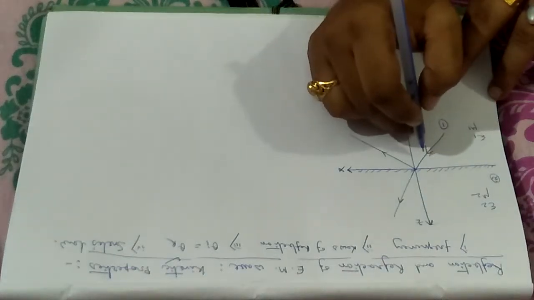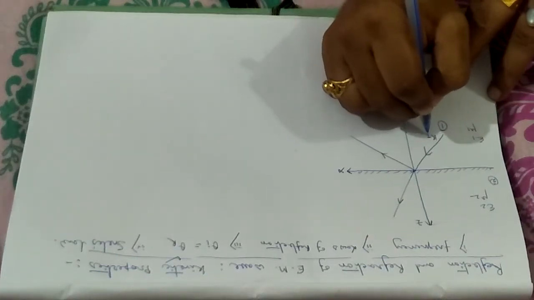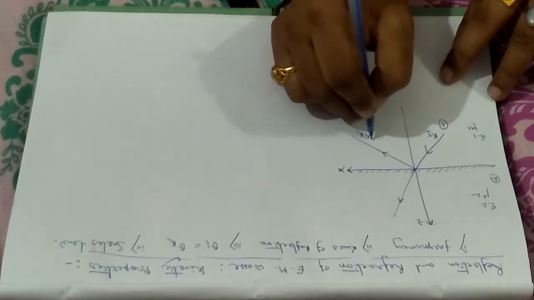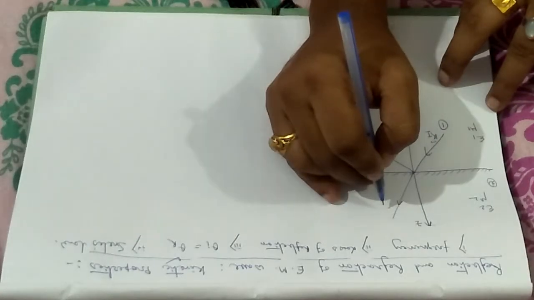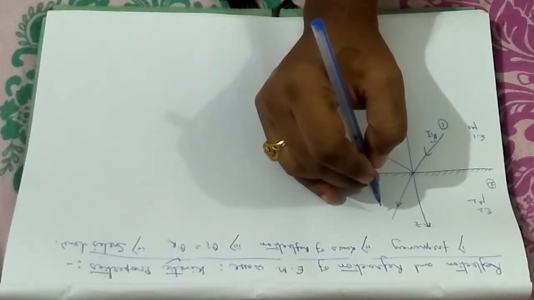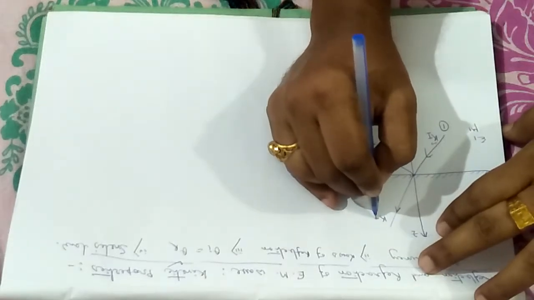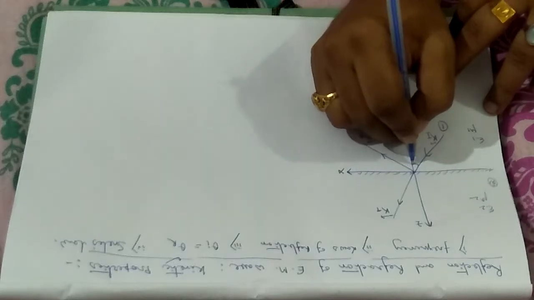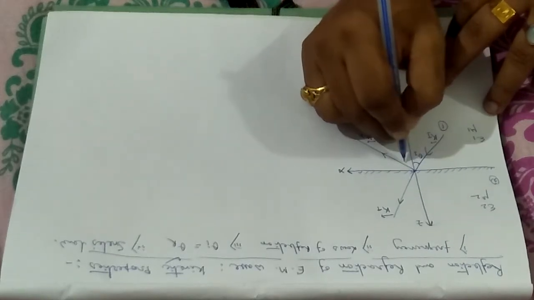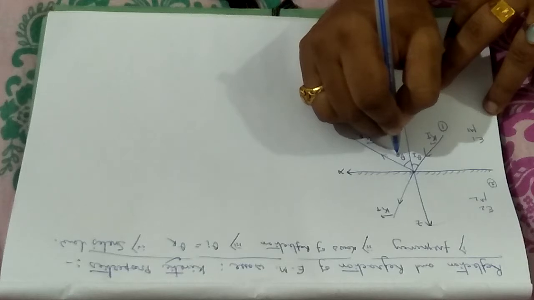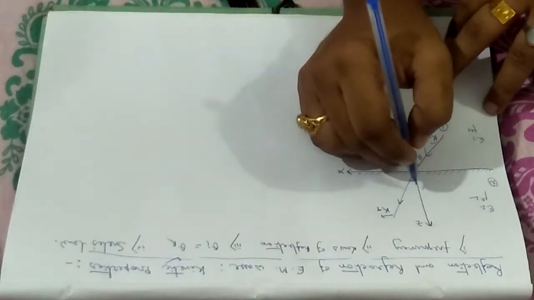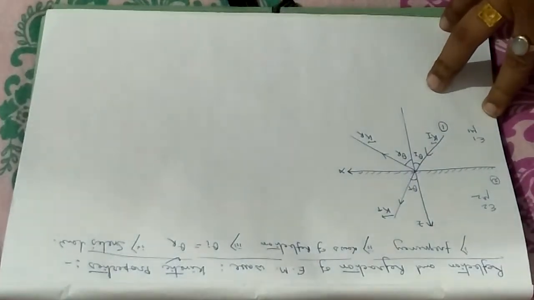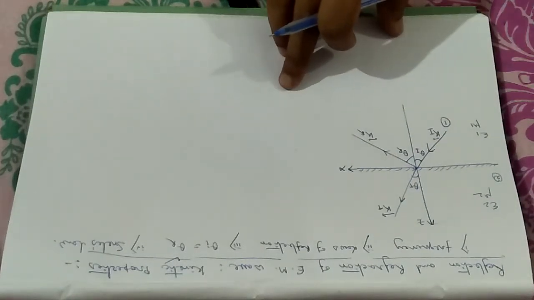Let us consider the wave vector of the incident ray is ki, I for incidence, the wave vector for the reflected ray is kr, and the wave vector for the refracted ray is kt, t for transmission. The angle of incidence is theta I, angle of reflection is theta r, and angle of transmission or refraction is theta t. It is a very simple diagram.